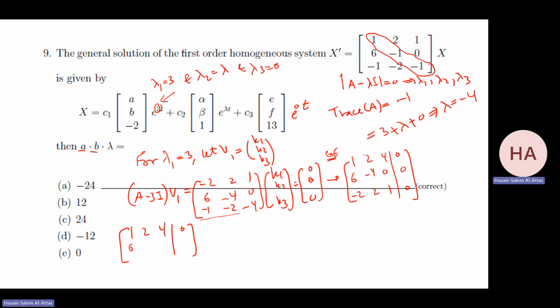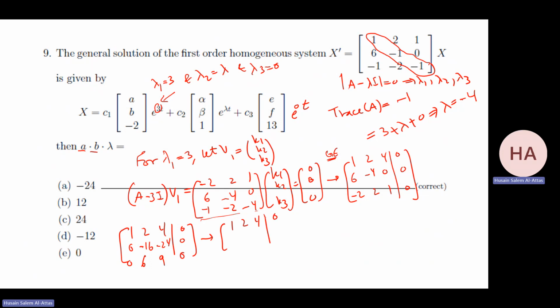By -6 and add, that will be -16. -6, that will be -24, 0. Now by 2 and add, that will be 6. 2 and add, that will be 9. We did the same problem before. No problem, let me continue.